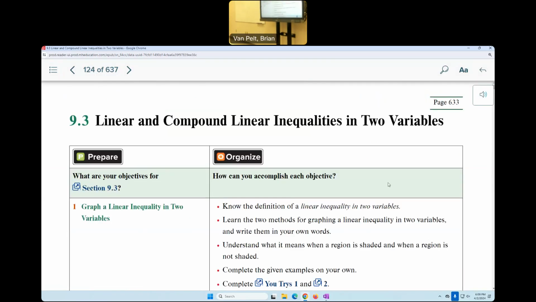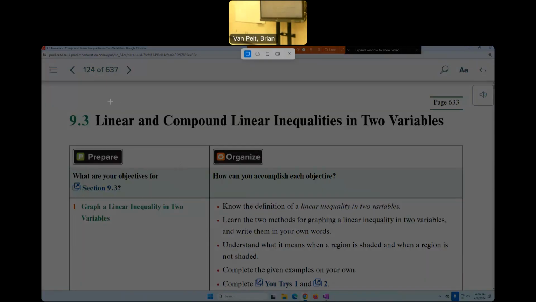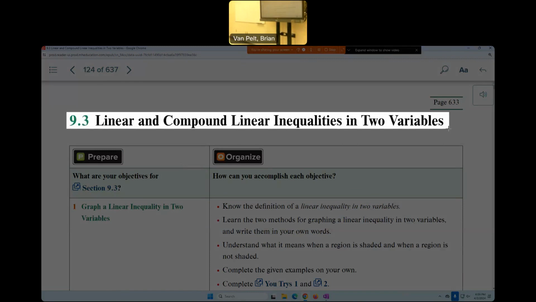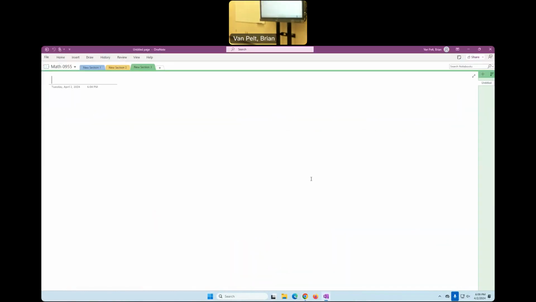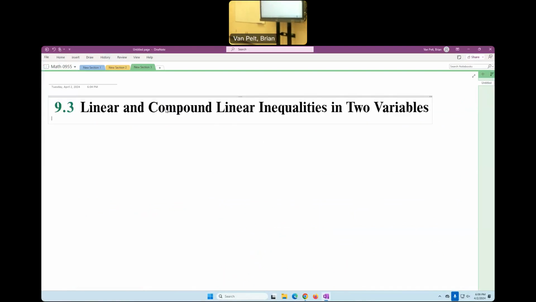So this portion, you're going to be doing what they call compound linear inequalities. They'll be more complicated than what you did before. We've already done the simpler ones, so that's why I'm not bothering. We're just going to be dealing with the compound ones.